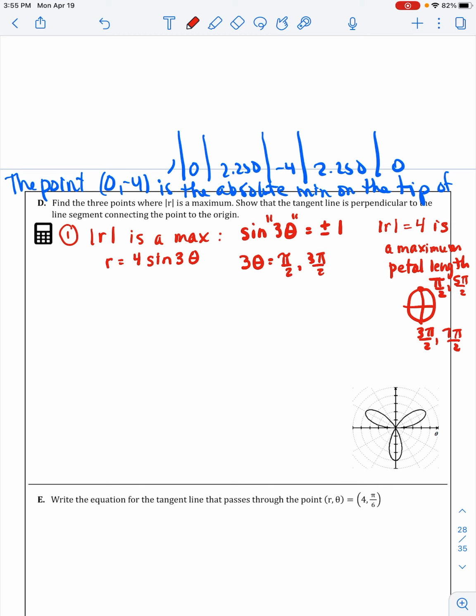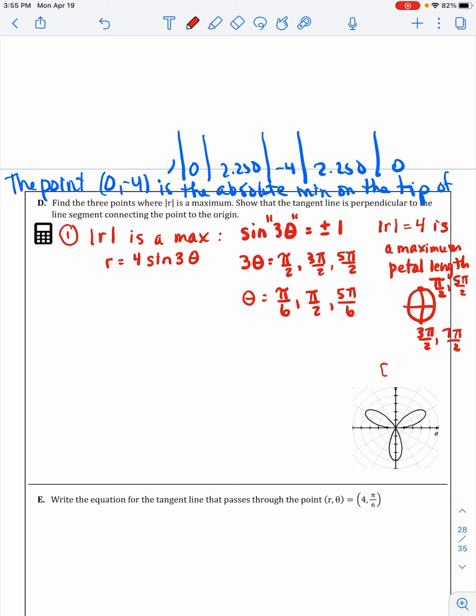So we're going to let this equal pi over 2, this equal 3 pi over 2, and this equal 5 pi over 2. And each time if I divide by 3, for the first one I get pi over 6. For the second, the 3's cancel and I get pi over 2. For the third, I get 5 pi over 6.